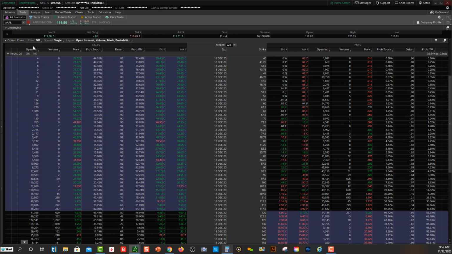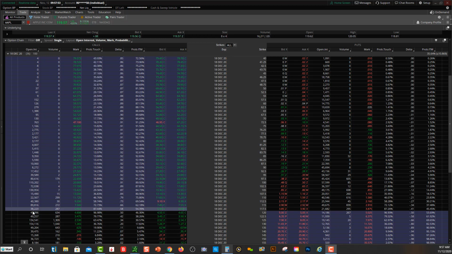Another thing you want to look for, very important, is open interest over here. This is the amount of outstanding contracts that are still in play. You ideally want to see high open interest in that column, because you want to trade highly liquid stocks, right? And you want to trade highly liquid options contracts because you want to be able to get in and out of the contract.